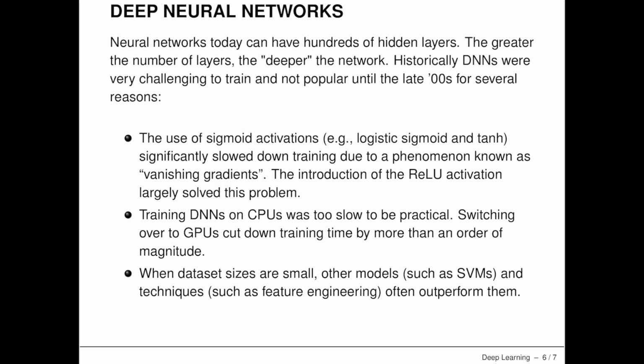Then, training deep neural networks on CPUs was very slow. Nowadays, neural networks are trained on GPUs, which is orders of magnitude faster. Then we have much bigger data sets. When the data sets are small, other models, such as support vector machines, may be better than neural networks.